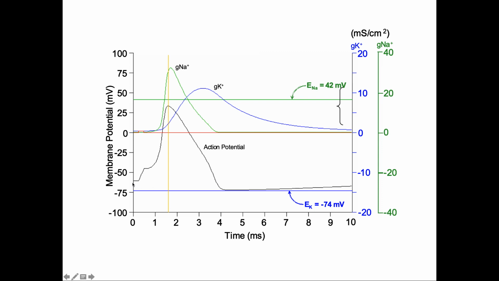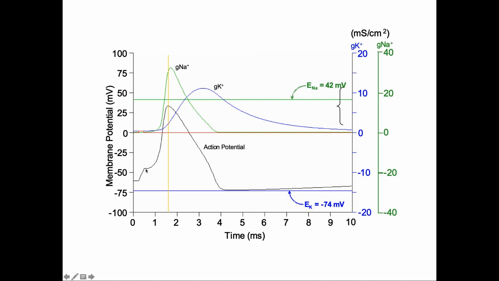This black line is the action potential in the squid, right? If you were to run this computer simulation, this is what you would find. You would reach threshold. A graded potential coming into the axon hillock region would cause a slight depolarization.